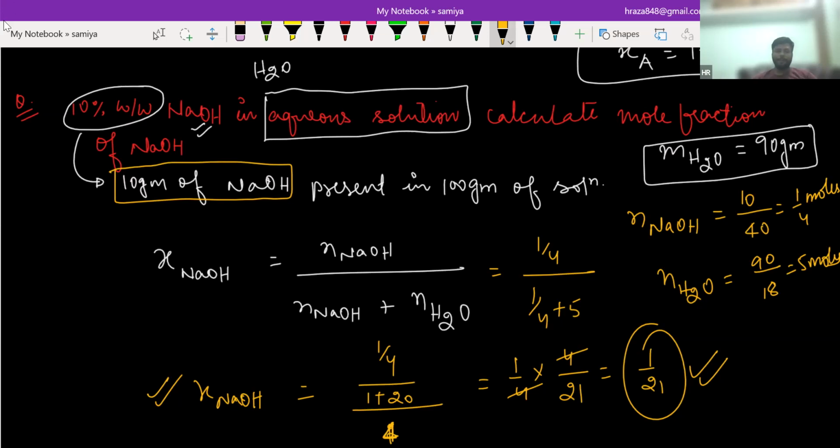Okay, sir. Okay, please write it and find the mole fraction of second component, that is water. This is a very common mistake by students. They put the value of mass instead of moles.